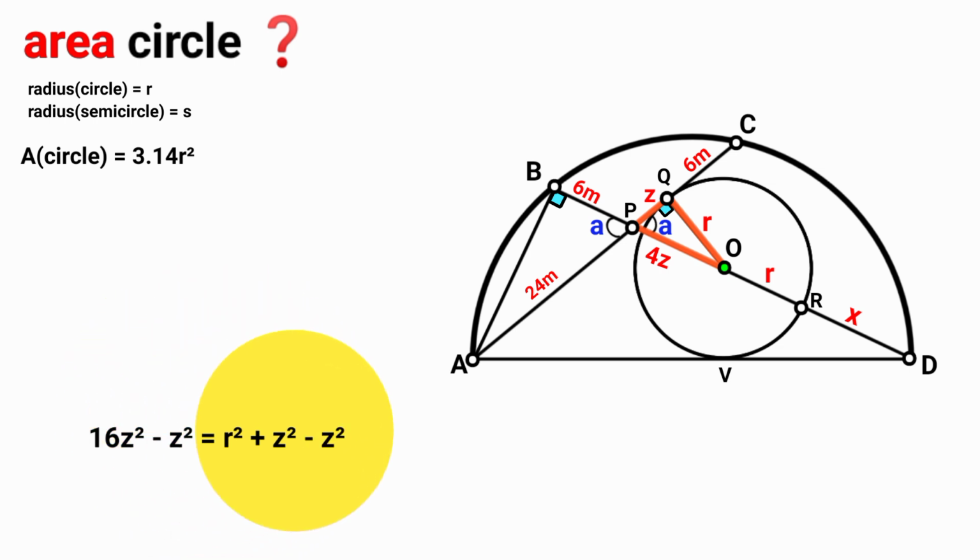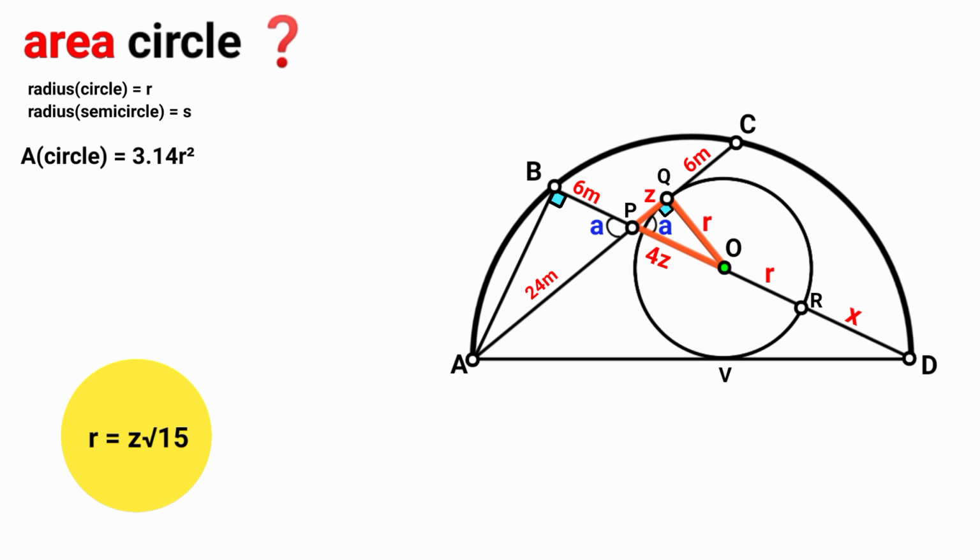Here Z squared minus Z squared is 0, while here 16Z squared minus Z squared is 15Z squared. So R squared equals 15Z squared. Take the square root of both sides. Here the square root of R squared is R, while here the square root of 15Z squared is Z root 15. So R equals Z root 15.